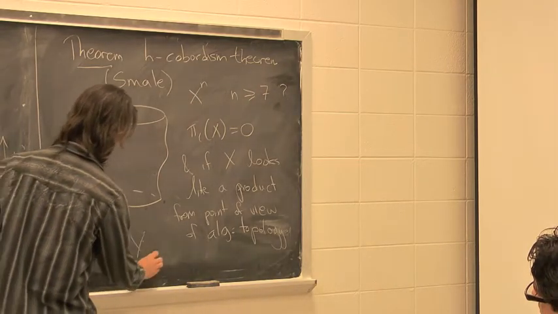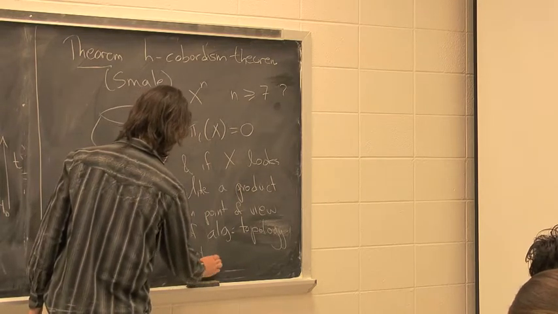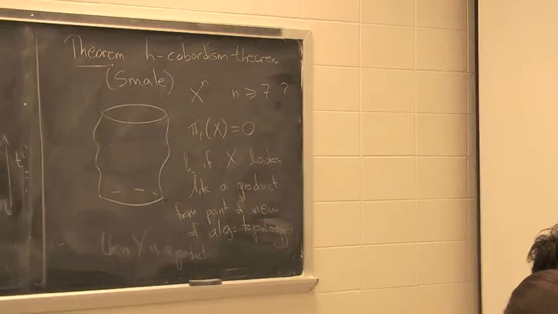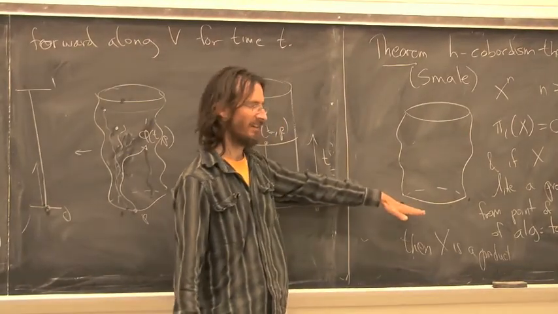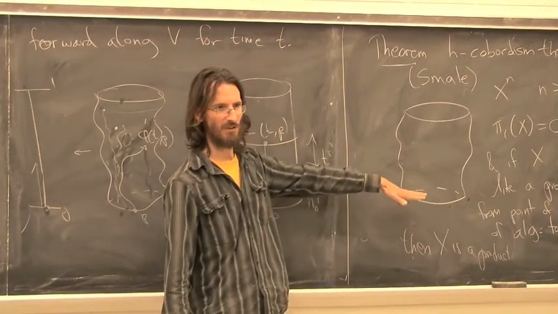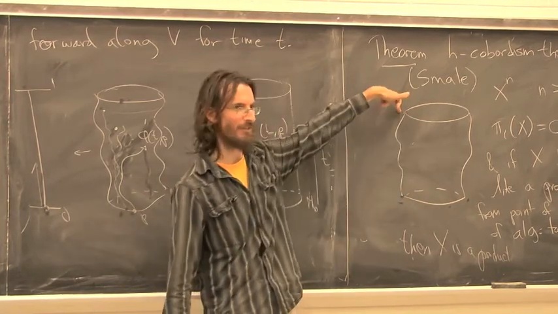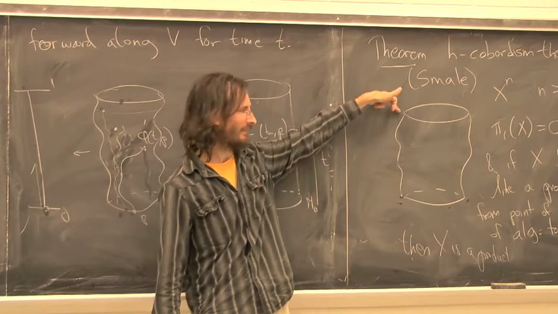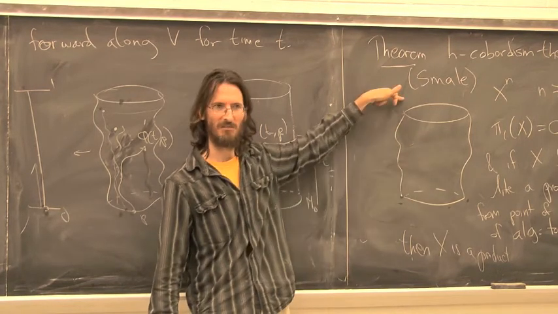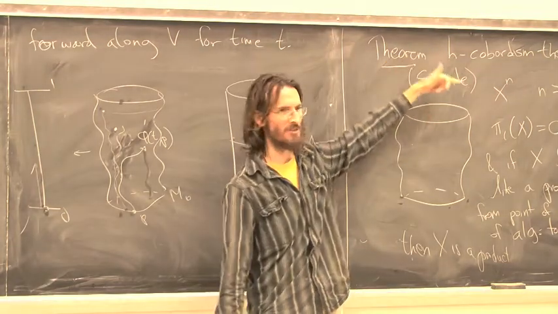Then X actually is a product. I'm being very vague about this, but this is how you prove the higher dimensional Poincaré conjecture. If you have two manifolds that are diffeomorphic to a sphere, then you can argue that there exists an H-cobordism between them. An H-cobordism is a cobordism that is up to homotopy like a product.